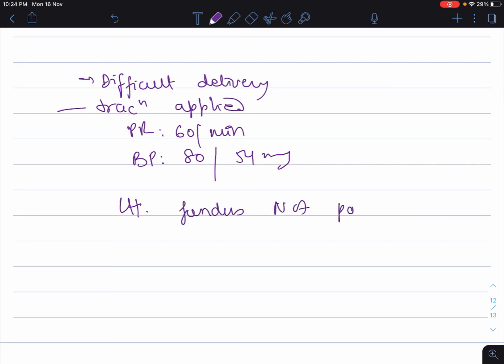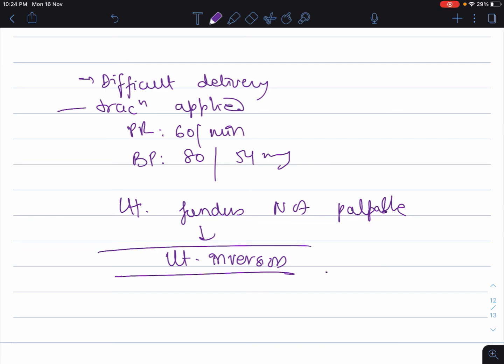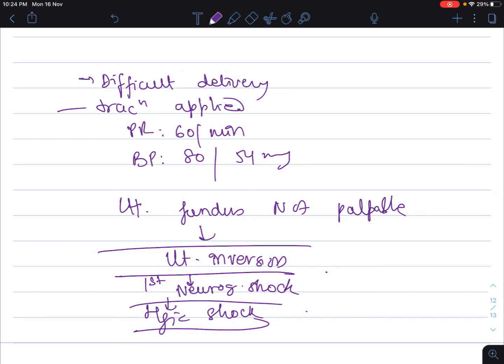So what has happened? Uterine inversion has taken place. And the first thing that will happen after this is neurogenic shock. The patient can die of that also, or eventually hemorrhagic shock is the cause of death in a uterine inversion patient. So you need to be careful about that.